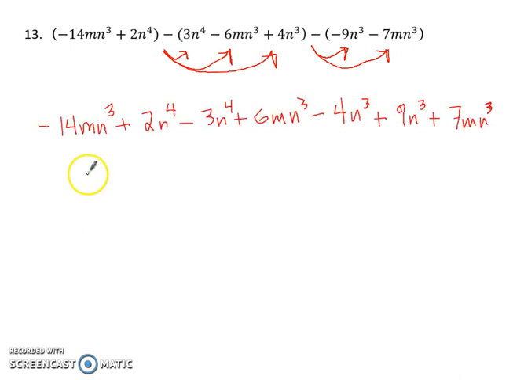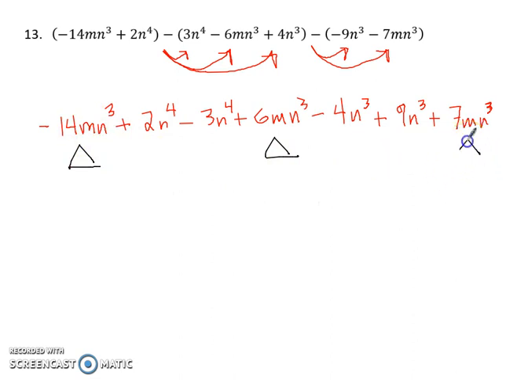Distributed, I've got basically this whole trail of terms that I need to identify like terms. And I see here negative 14mn to the third has a like term with 6mn to the third. They both have the same exact variable and exponent.